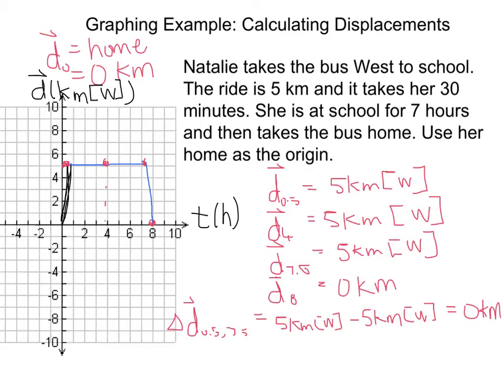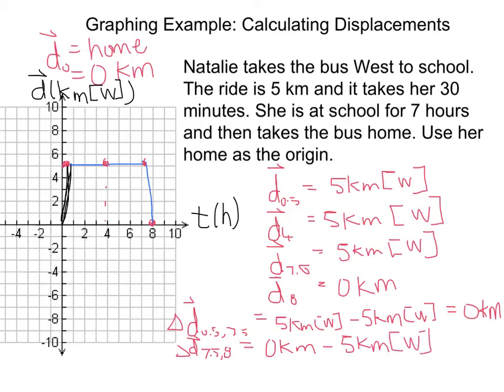We could also look at, let's say, the displacement between 7.5 and 8. So that means we're doing the position at 8, which we know is 0 kilometers, minus the position at 7.5, which is 5 kilometers west.